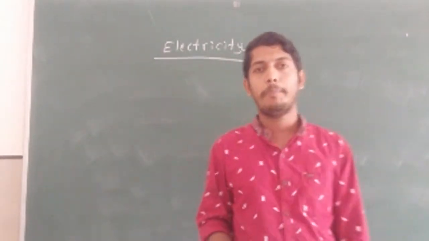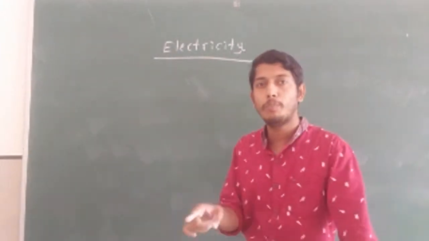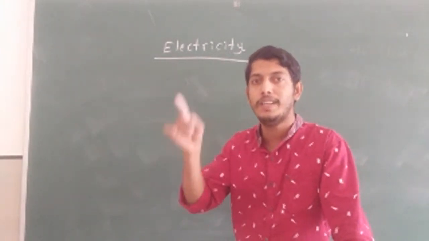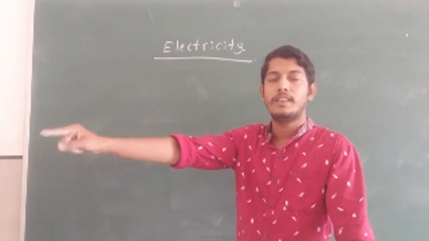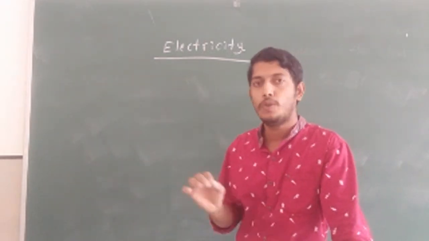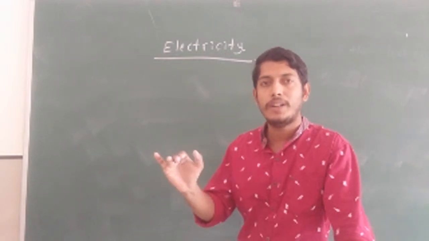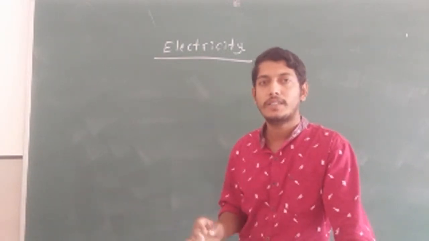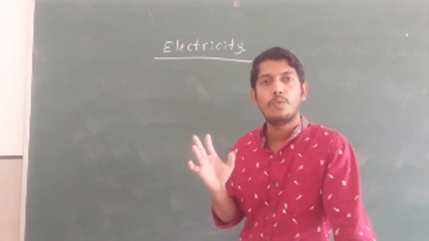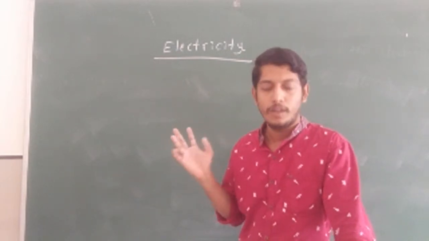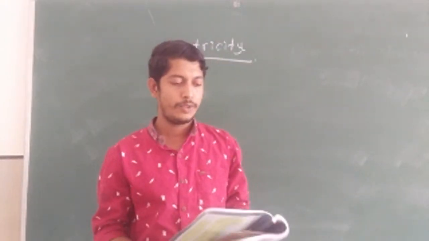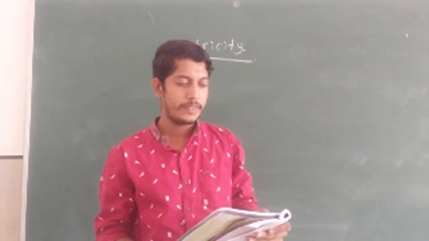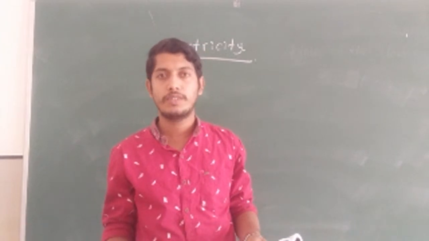When 1 coulomb of charge is flowing in a particular direction in a unit time, that is known as 1 ampere.